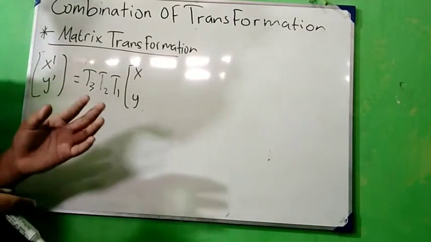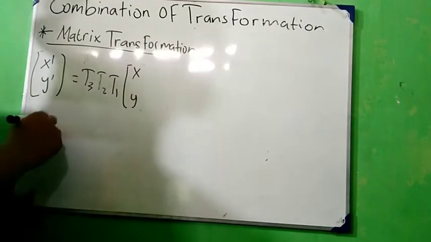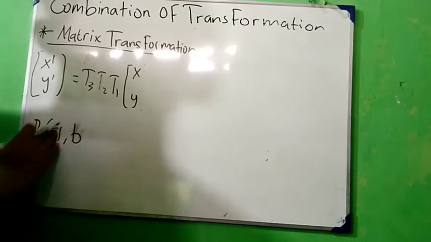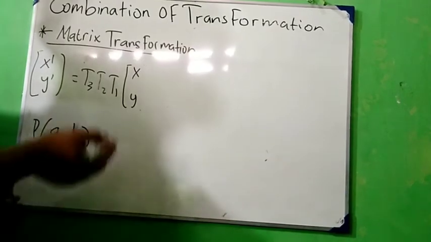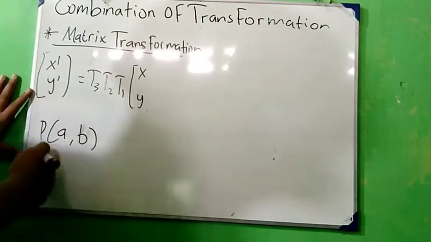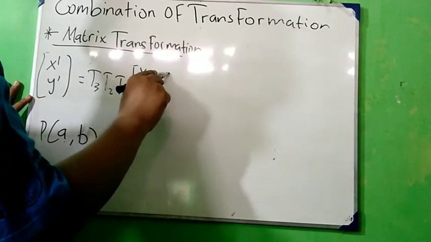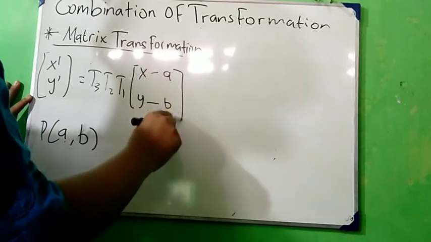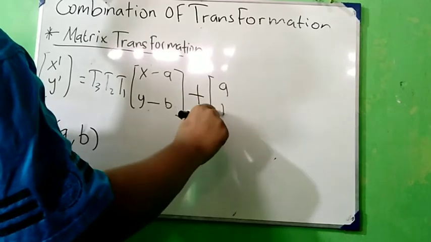So there is a slightly different formula. If the center point is P(a, b), so we're gonna subtract x with a, and then y with b, and then we add a, b.